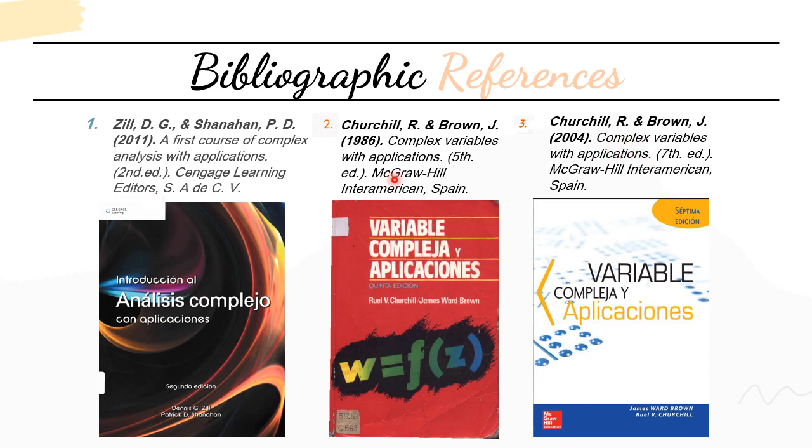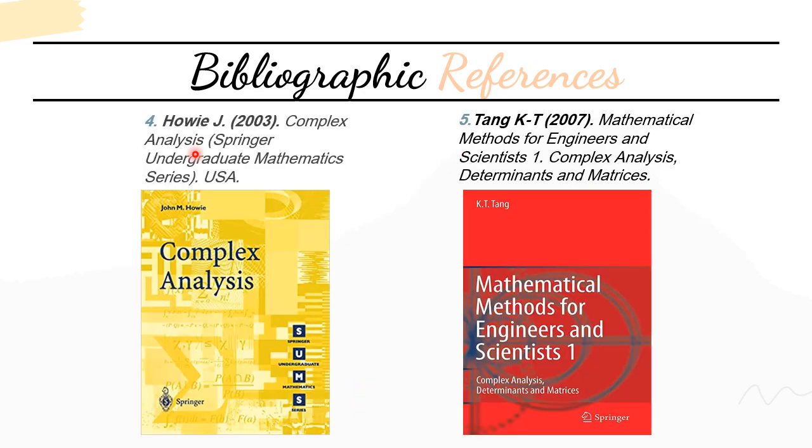These books can be found on Amazon, and they can also be found under specific publishers. The one from Sealey and Shanahan could be found on Cengage Learning Editors, and these two could be found on McGraw-Hill Interamericana, Spain.